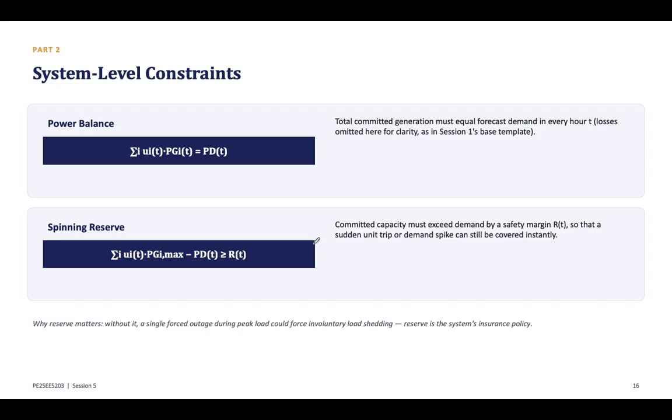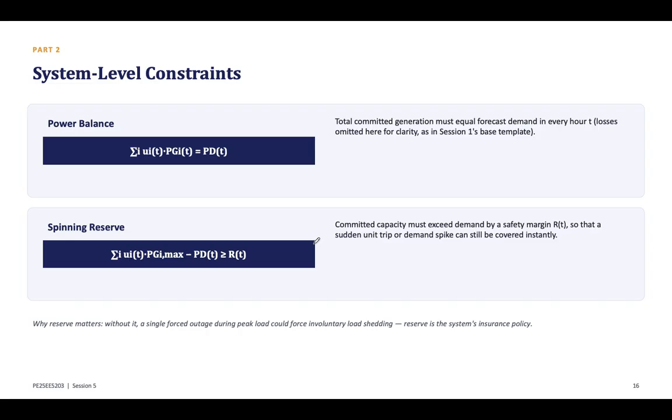So this was one example. When we look into a larger picture, when we take this to power balance constraints, like system level constraints, we can divide this topic into two. One is the spinning reserves and another one is the power balance. So we'll discuss the power balance first.